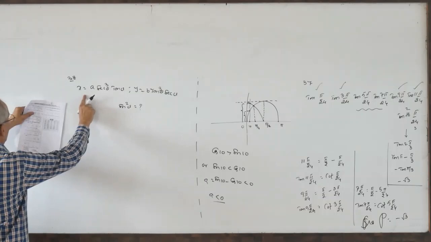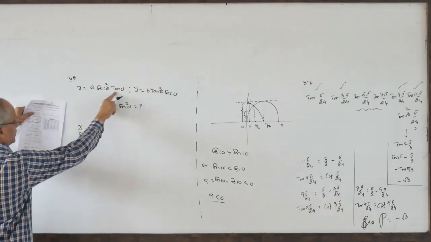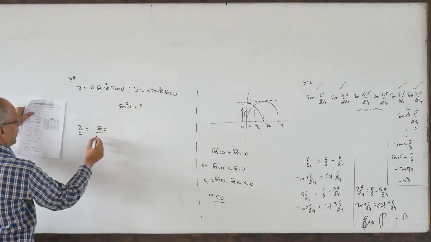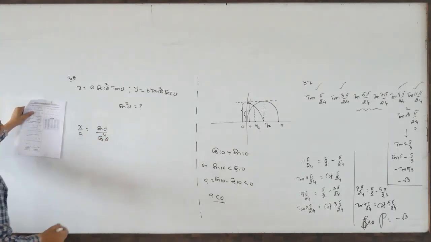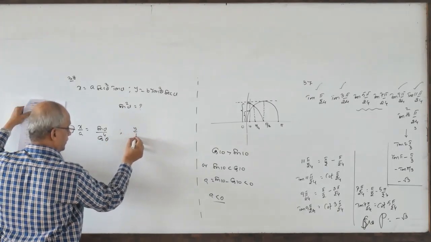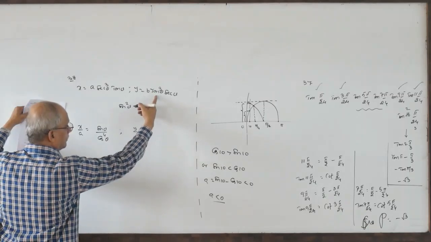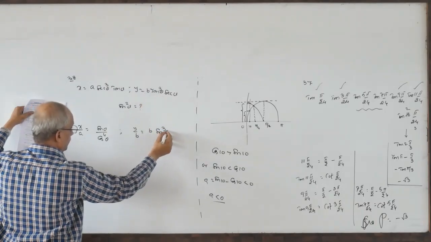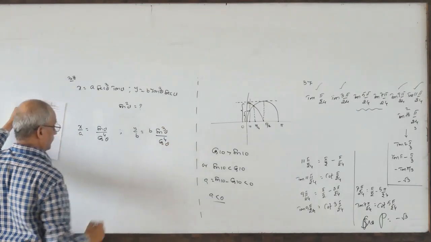First, what is x by a? This is sin by cos, a, 1 by cos a. Sin theta by cos power 4. What is y by b? Sin cube by cos cube and 1 by cos, power 4. Very good.